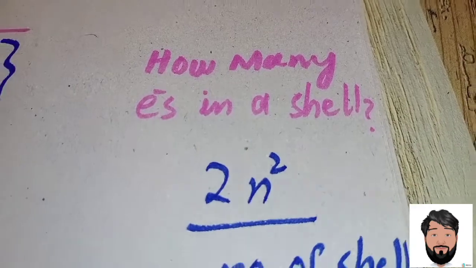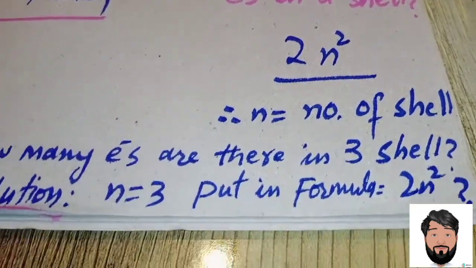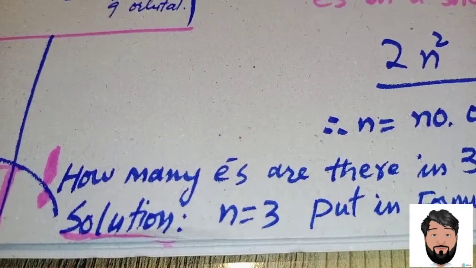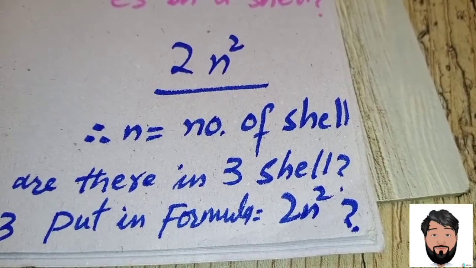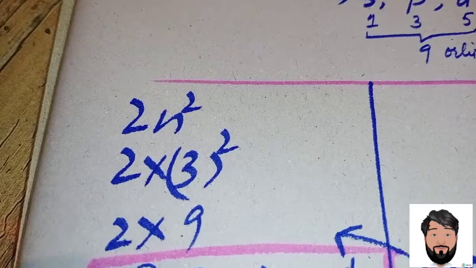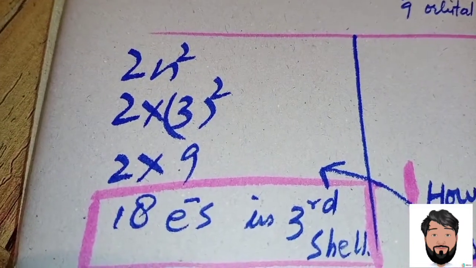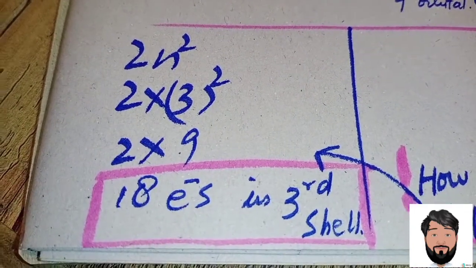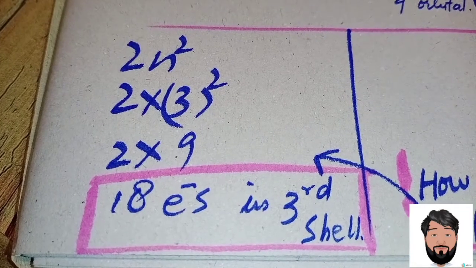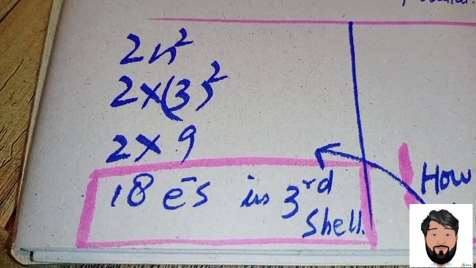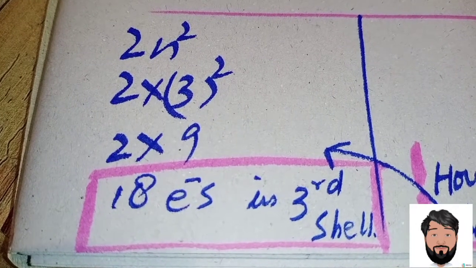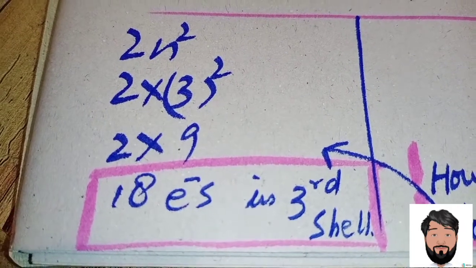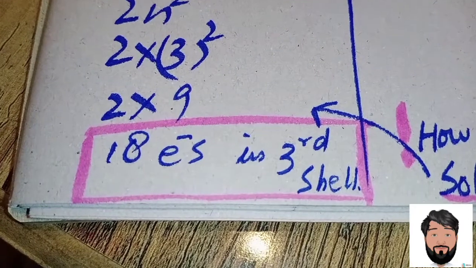When we put the value of n, which is equal to 3, in the formula 2n square, what will be the answer? Let's guess. 2n square, 3 is the value of n, and 3 multiplied by 3 is equal to 9, so 3 square will be 9, and 2 multiplied by 9 is equal to 18 electrons.